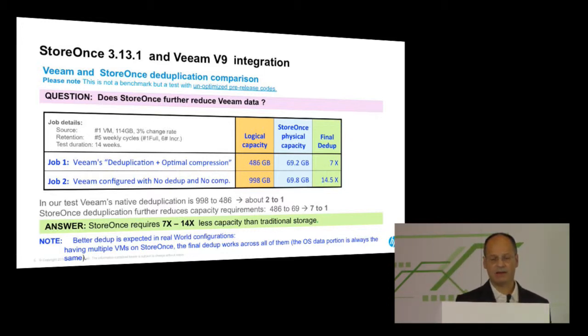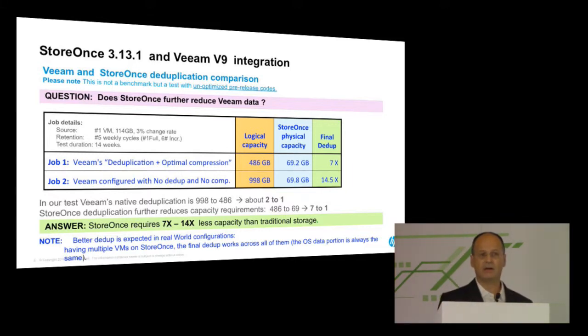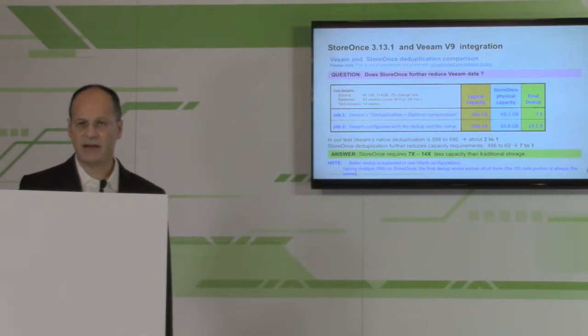When we write that data to StoreOnce, we further increase the deduplication. So what we are using inside StoreOnce is not this amount of data, but roughly 70 gigabyte. 70 gigabyte is a huge reduction because it means that we reduce from half terabyte to a 7x ratio.